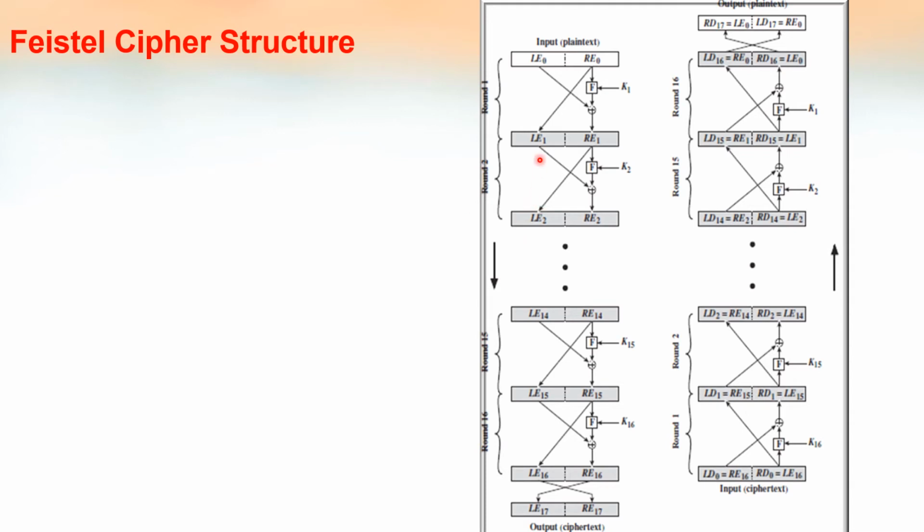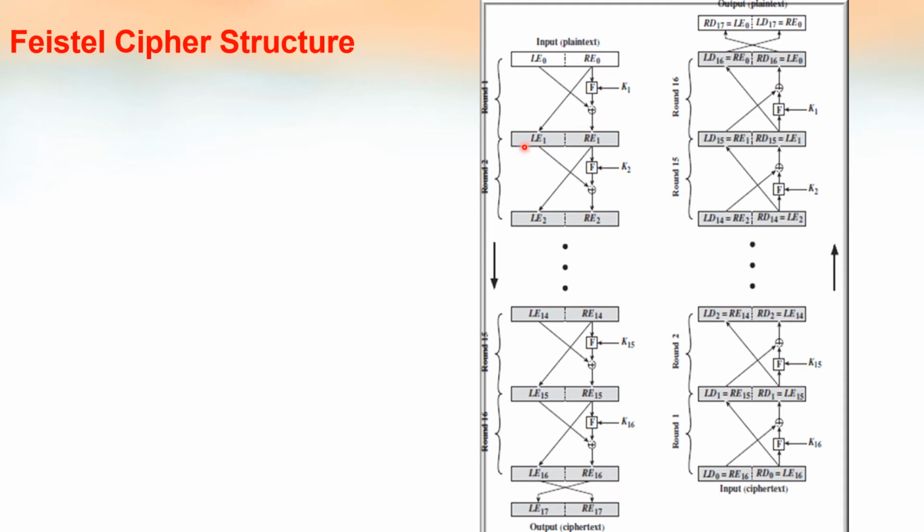At each stage we can write an equation. For example, how have we obtained RE1, the right half of the second round? RE1 is equal to LE0 XOR F of RE0, K1.